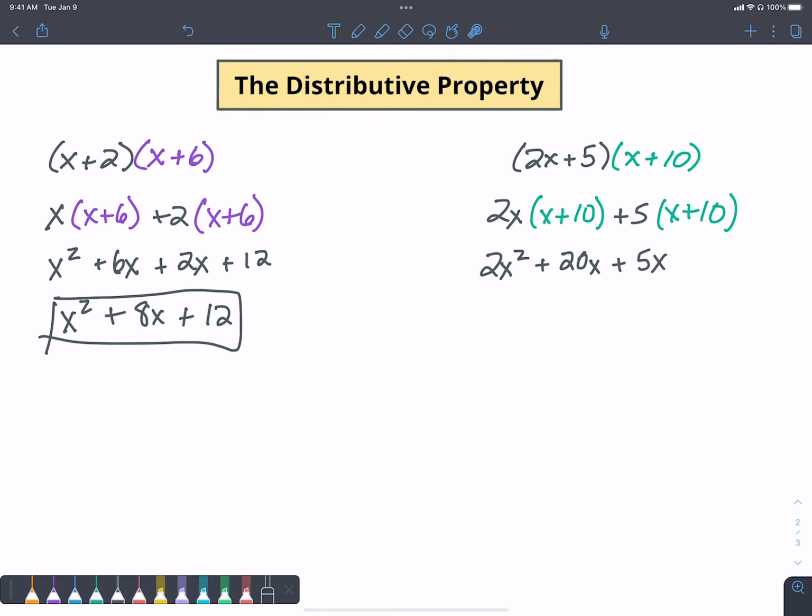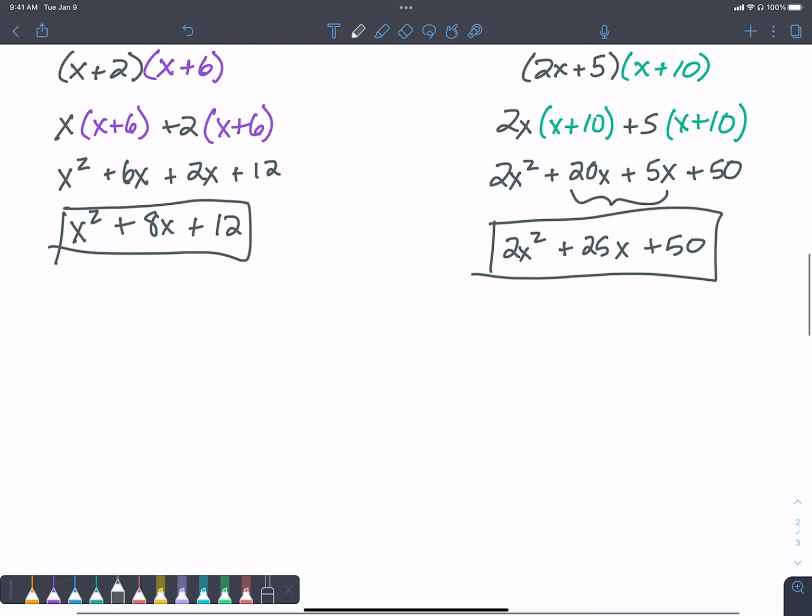And positive 5 times 10 is going to be plus 50. I'm going to combine my like terms. And what I end up with is 2x squared plus 25x plus 50. And now we have multiplied those two together.